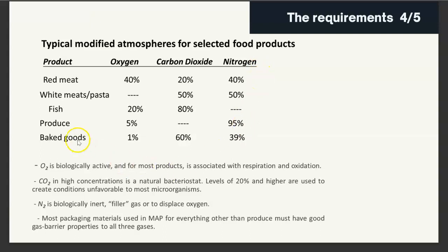Meanwhile, if you have baked goods, oxygen should be kept to 1% and carbon dioxide about 60% and 39% of the nitrogen. So all these are actually gases or the active gases that we have to consider while choosing the packaging for our product.